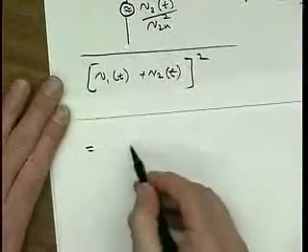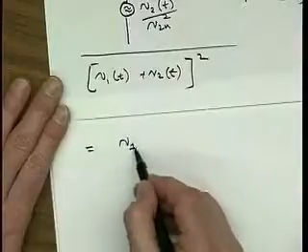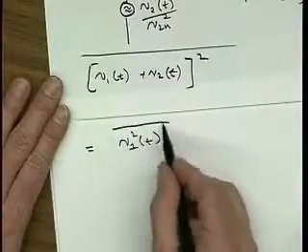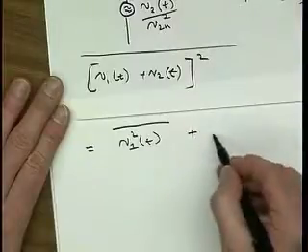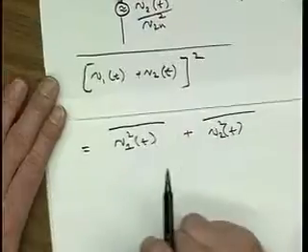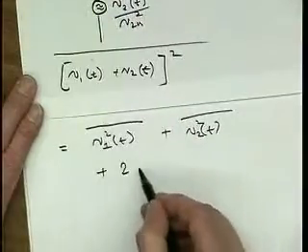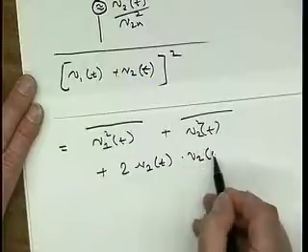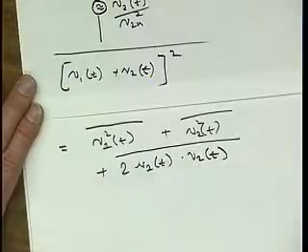That is going to be equal to V1 of t squared and mean, plus V2 of t squared and mean, plus 2 V1 of t times V2 of t mean, no square.